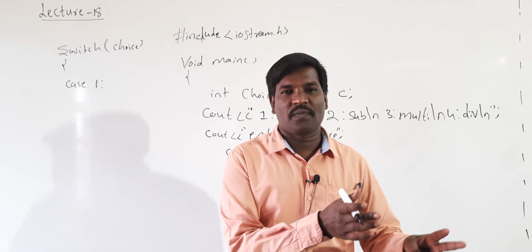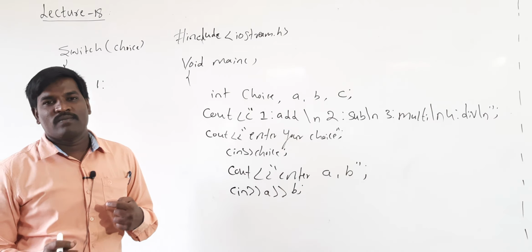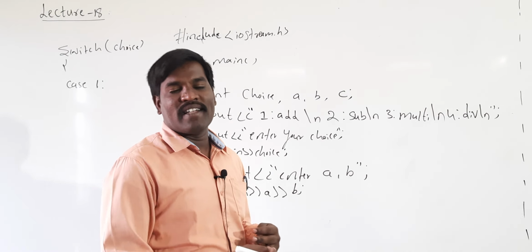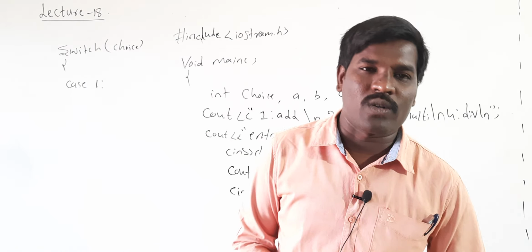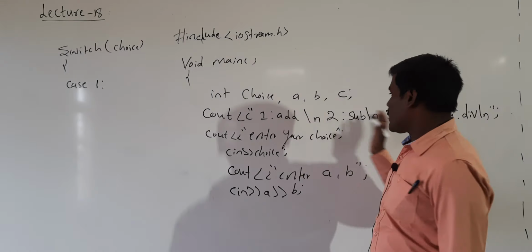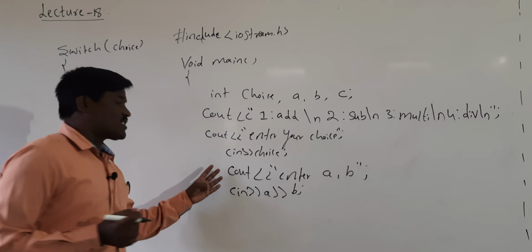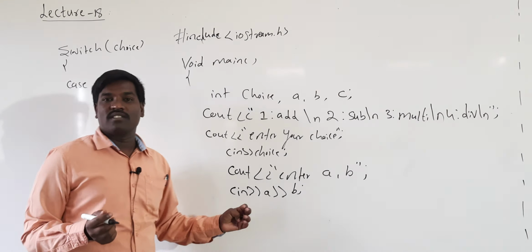Different operations have different inputs, so we have to write the cout and cin within the cases only. But here for all the operations only two input values are required, that's why outside the switch statement I have to write cout and cin.